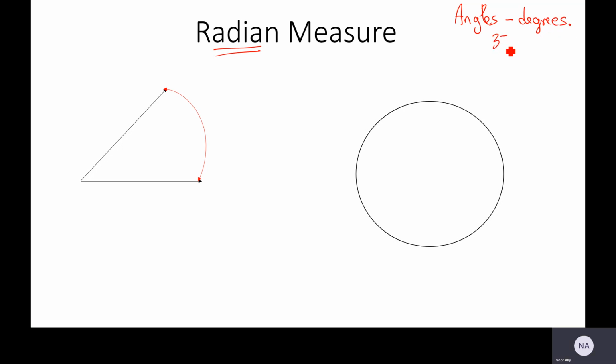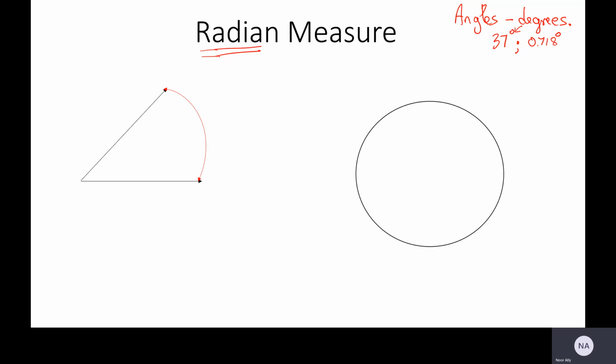So, for example, 37 degrees, 0.718 degrees, and you've indicated that by this notation, the degree notation. Now, another way of measuring angles is what is known as radian measure, and it's particularly useful in circular motion. So let's just quickly go through a brief introduction.